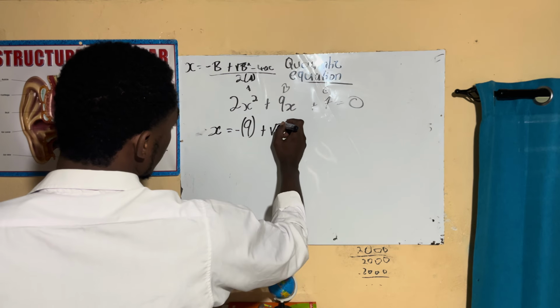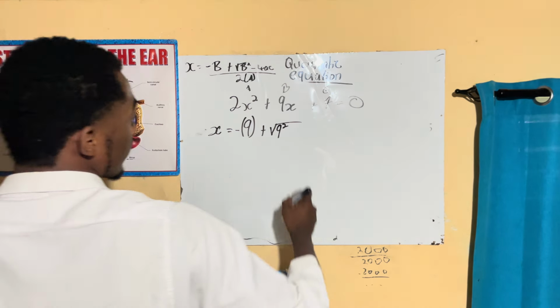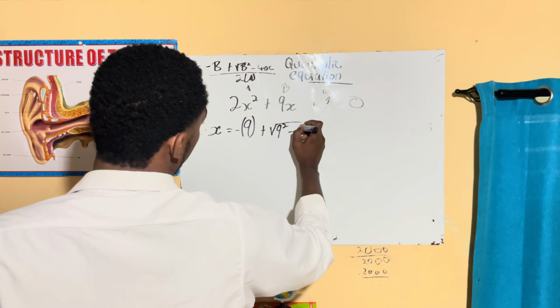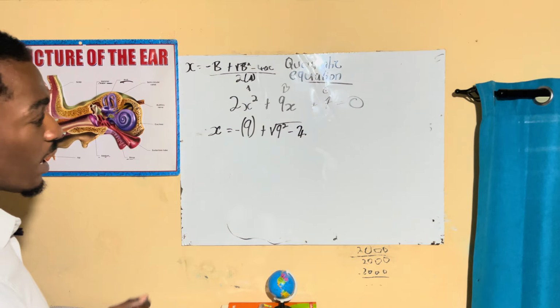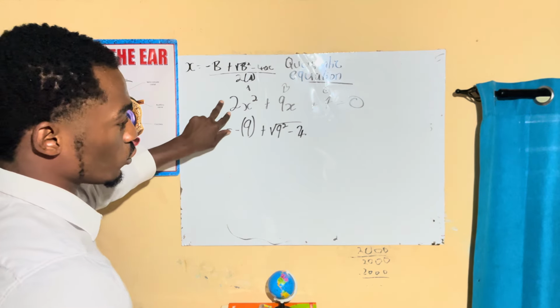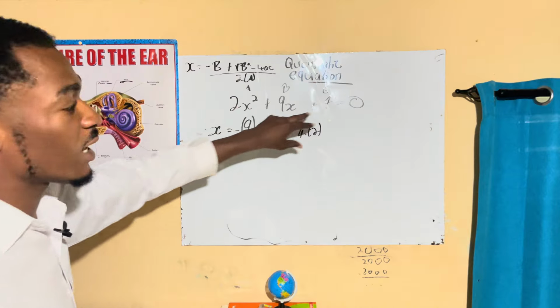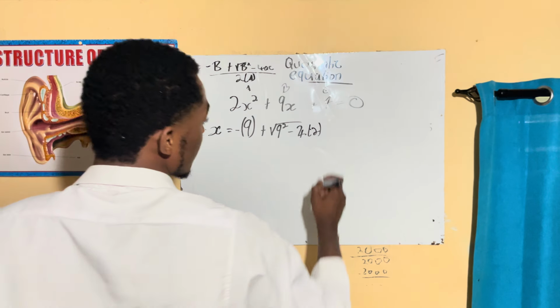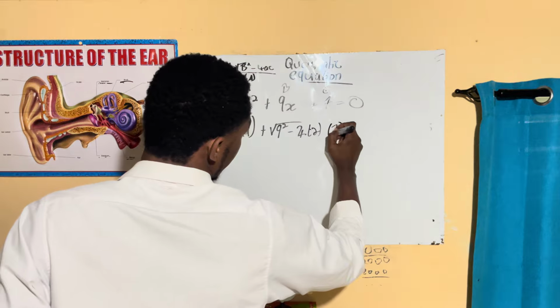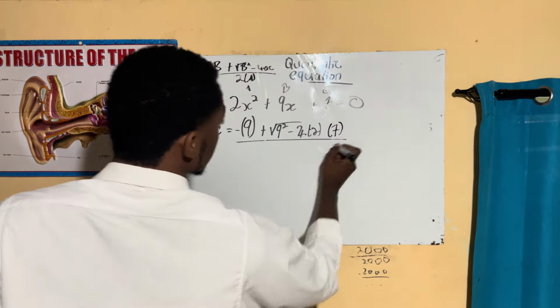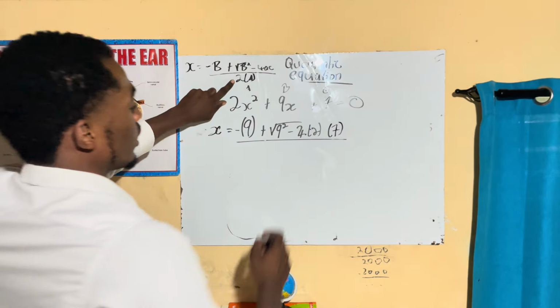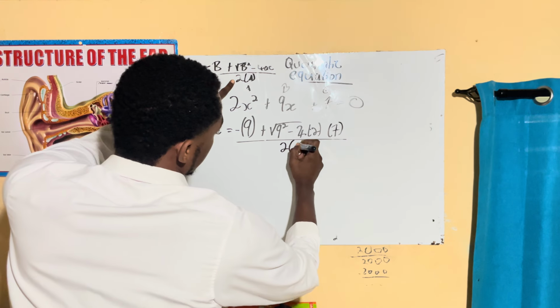Minus now 4, and a is 2, so 4 bracket 2, and the 2 is positive, and c is 7, and the 7 is positive, so just bracket the 7. Now this will be over 2a, and a is 2.